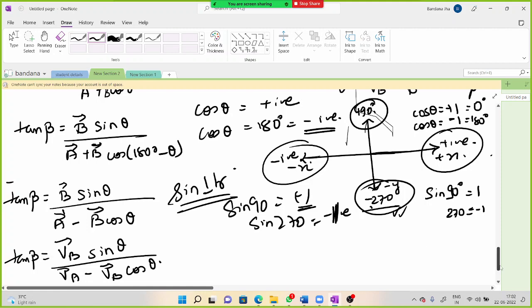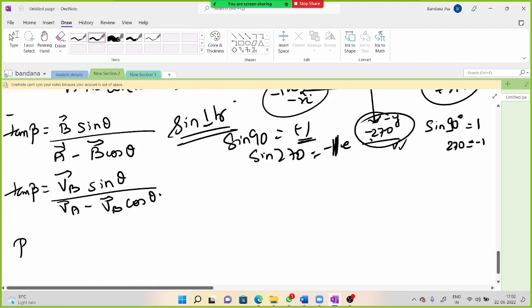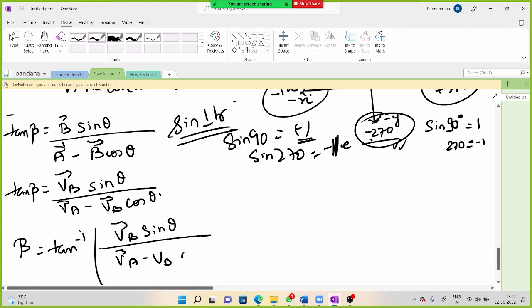And if you have to find out the exact value of beta, so beta will be tan inverse, because tan is going here, right? So tan inverse of VB sine of theta divided by VA minus VB cos of theta. Understood? Tan to the power minus 1.